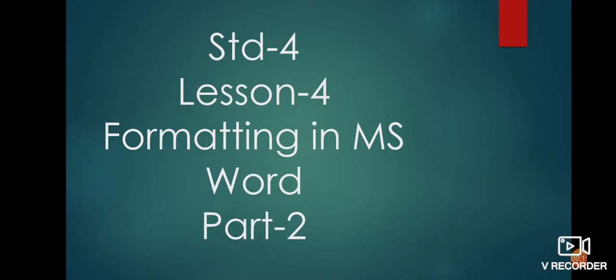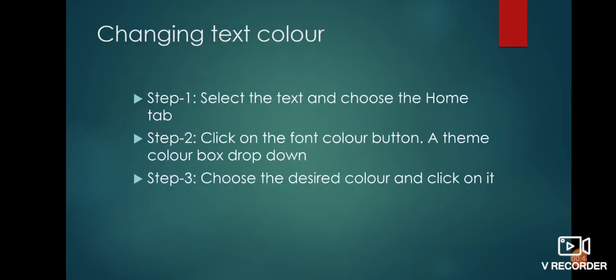Formatting means making changes or arranging the text of a document to highlight it or to make it more attractive to look at, right? In the last video we learned how to change font style, size, margins we have set, and text alignment we have done. And today we are going to learn how to change the text color.